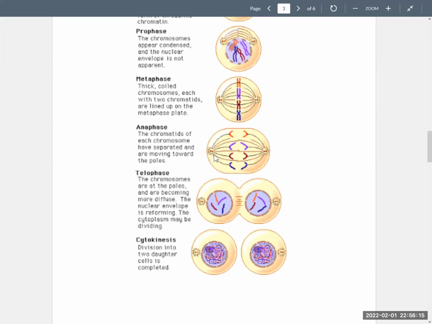This whole group goes this way. This whole group goes this way. This whole group consists of 46 chromosomes. This whole group consists of the same number, 46.